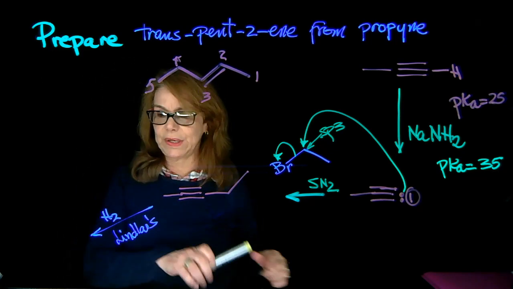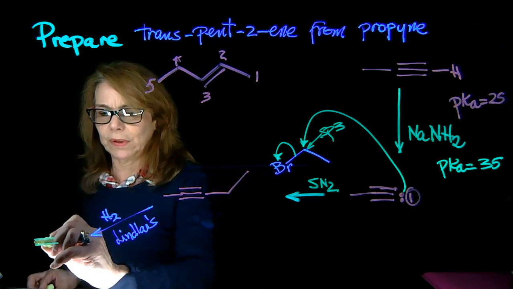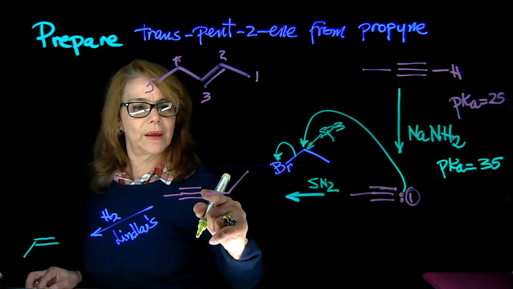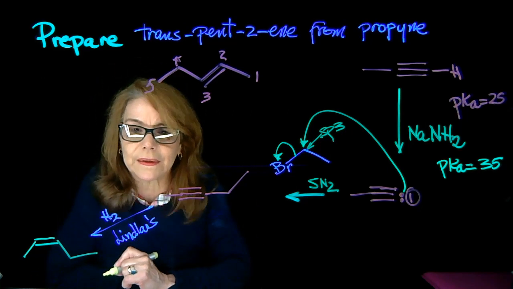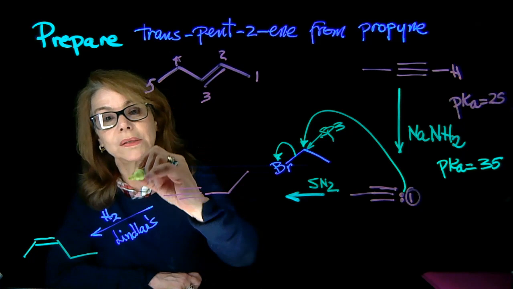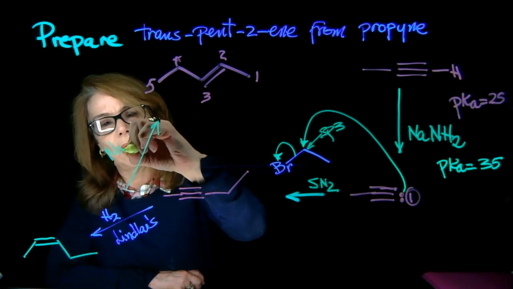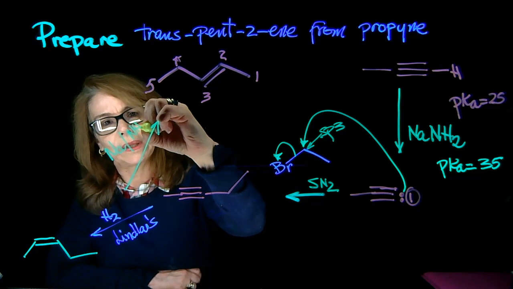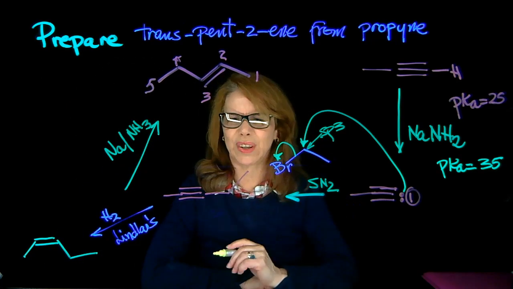So let's draw it. In that case, we will have, say, metal here, and notice that that's the cis alkene. To get what we want over here, we need to use sodium and ammonia. That way we complete the synthesis through the trans.